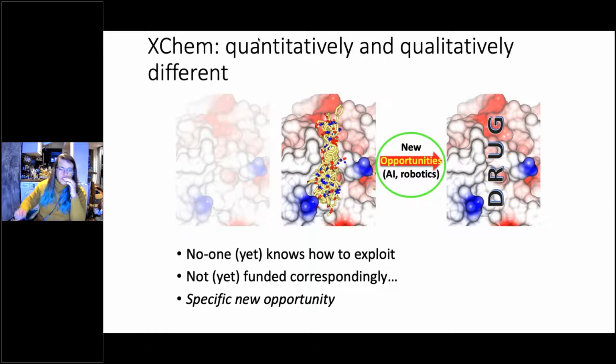So there's a specific new opportunity to work out what we do with this data and applying those new opportunities to get us closer to that golden ticket, which is using these fragment screens to make a drug at a facility. And that could include things like artificial intelligence and robotics.